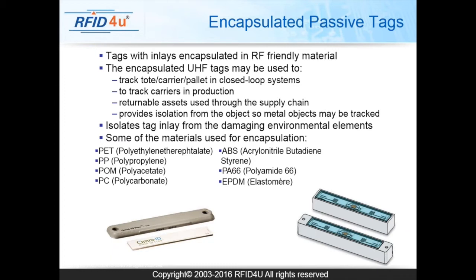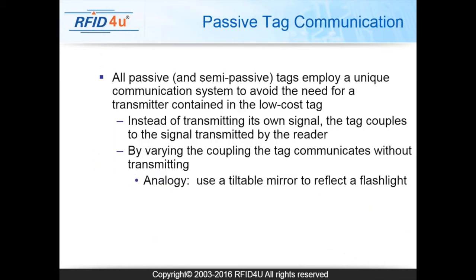If you're dealing with UHF, you need to encapsulate the tags or get tags that are built specifically to work on metal. And these are some of the more common materials used for encapsulation. There are others, but these are the more common ones.